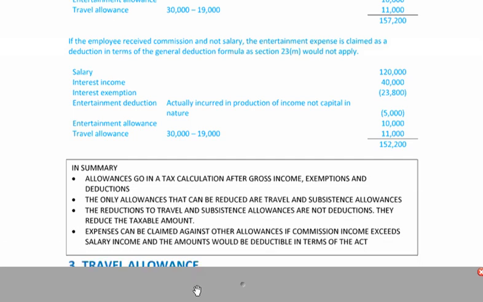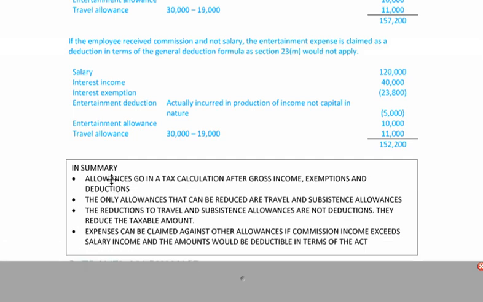So, in summary, allowances go into a tax calculation after gross income, exemptions and deductions. The only allowances that can be reduced are travel and subsistence allowances for purposes of the syllabus. Holders of public office do not form part of the SAICA syllabus. The reductions to travel and subsistence allowances are not deductions.